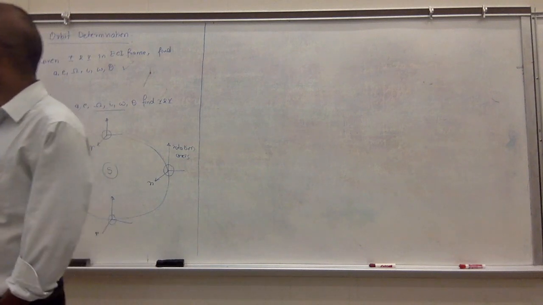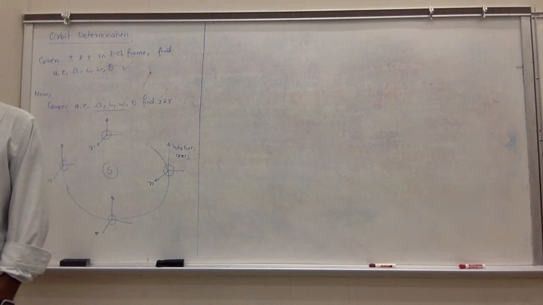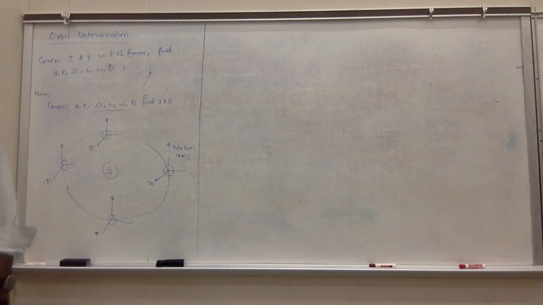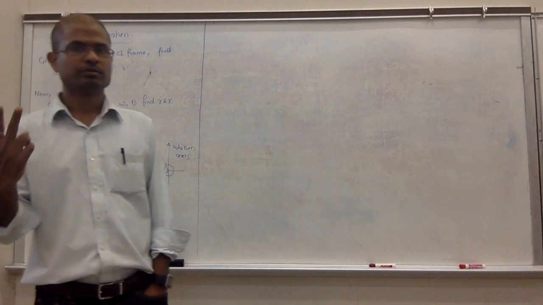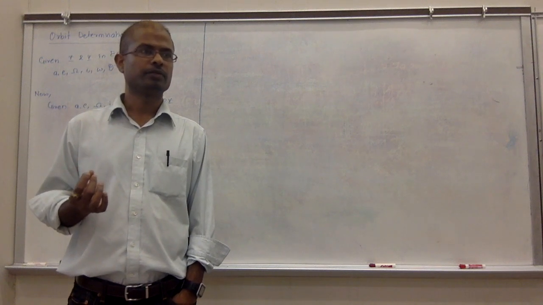Now, you have to define a coordinate frame in the orbit as well. You see it? There are two planes here. There is the equatorial plane and there is the orbital plane, right?